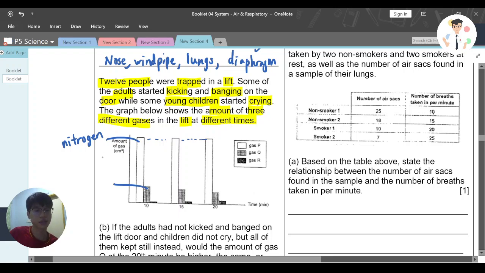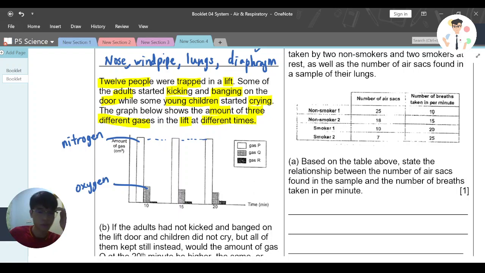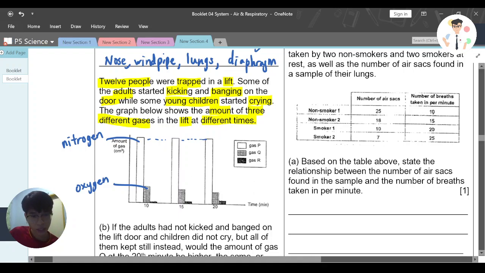It means that there is what gas? There's actually oxygen. Why? Because our body needs oxygen. So the amount of oxygen in the lift will decrease as time goes by. And you notice that gas R is slowly increasing. And we know that should be carbon dioxide. Why? Because our body releases carbon dioxide.